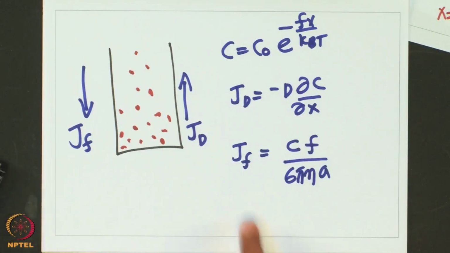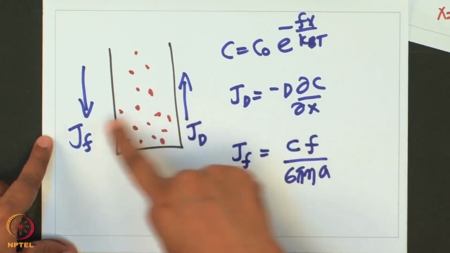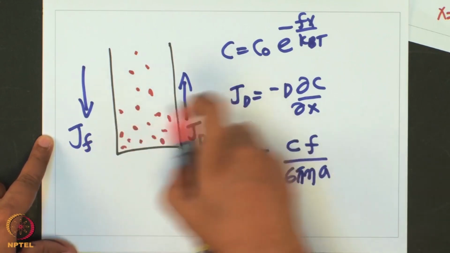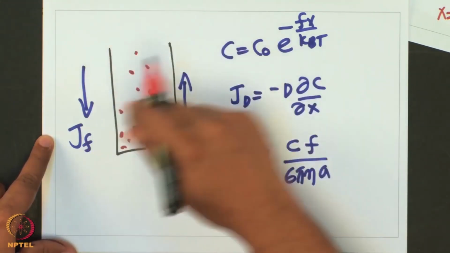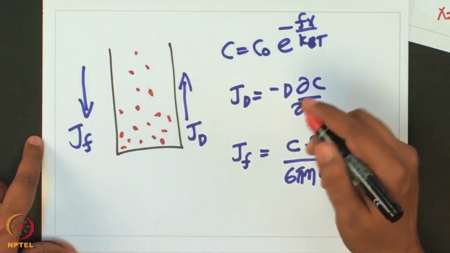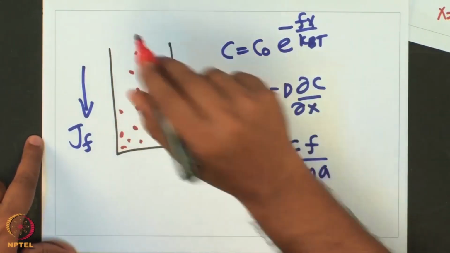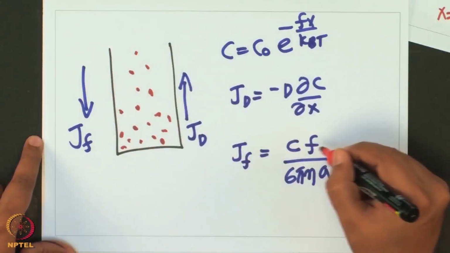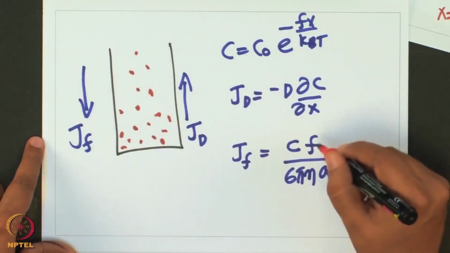So now what one has to do is that at equilibrium, when the system is in equilibrium, this flow will balance with this flow. That is, the directions are opposite, and their magnitudes are equal. So F will have a direction which is minus x cap.